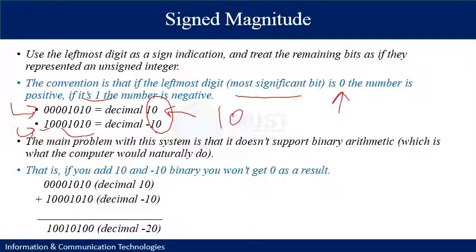That means 10 plus minus 10 will cross out each other. But in this case, if you perform the calculation, you get this value, which is the decimal representation of minus 20. Therefore, signed magnitude is not a useful method.